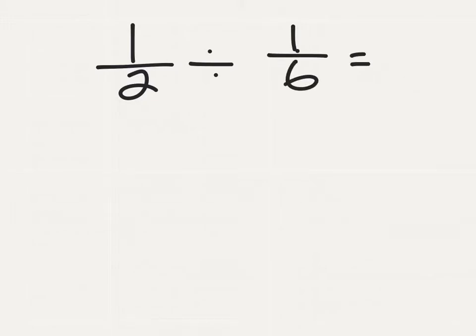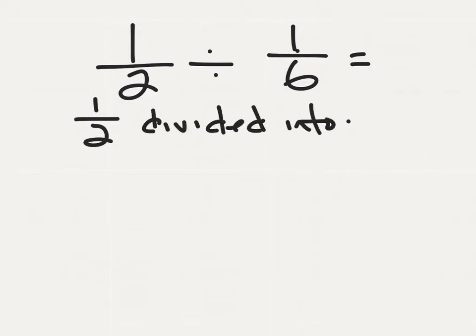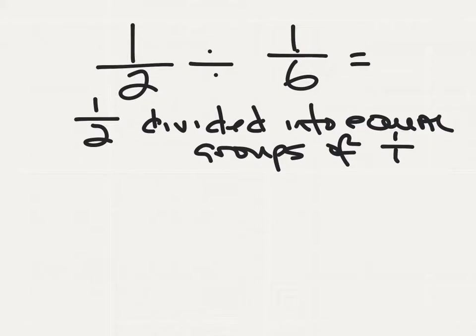Let's try an example with 2 fractions. So if I have 1/2 divided by 1/6, then I have 1/2 divided into equal groups of 1/6. In other words, each one of these groups will be 1/6 in size. So if I have 1/2, I take my entire counter and I cut it in half.